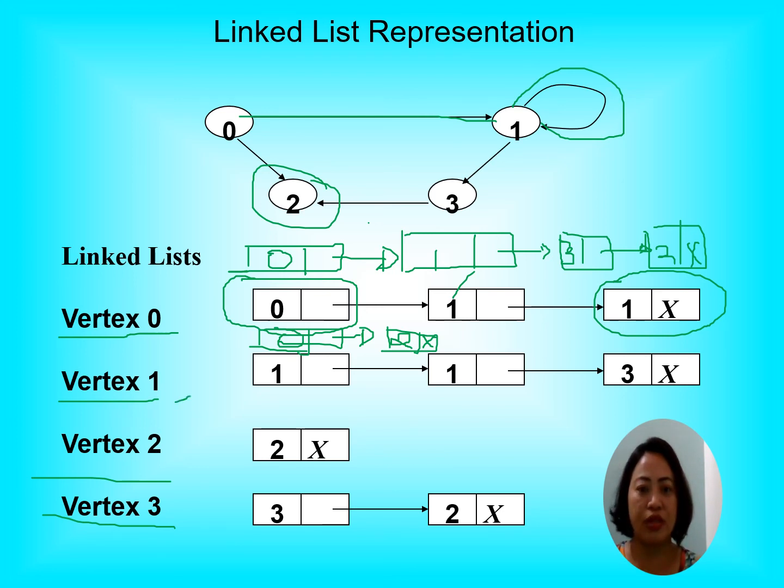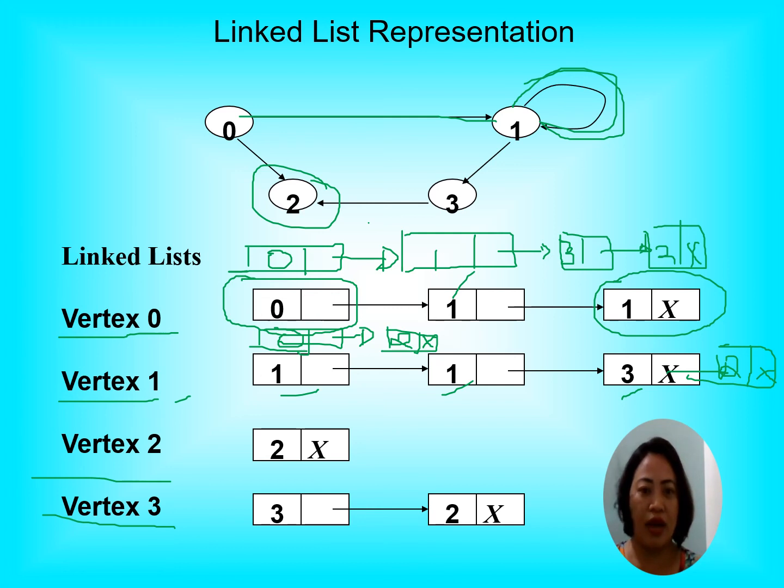While vertex 1 could have from 1 to 1 again, or it could have only one iteration, or two iterations, and then it could have 3. And it could end at 3, or it could end at 2. So we could have several paths on this.